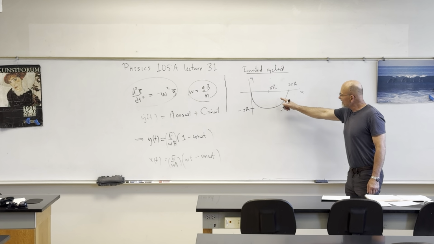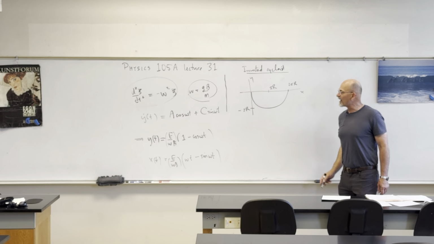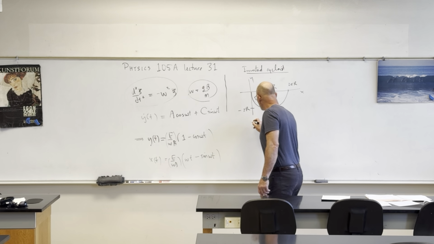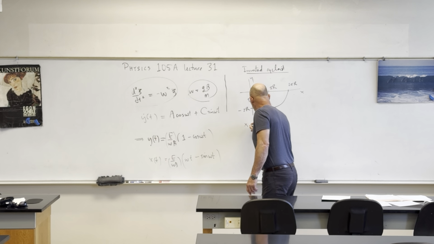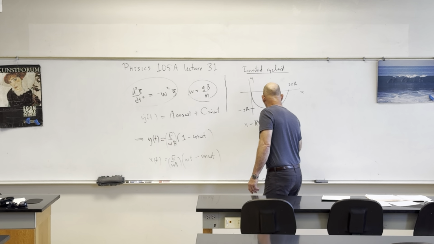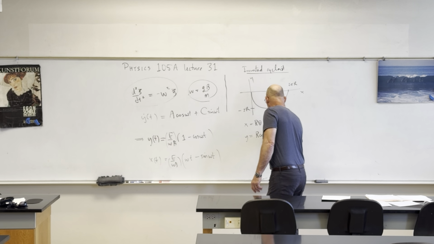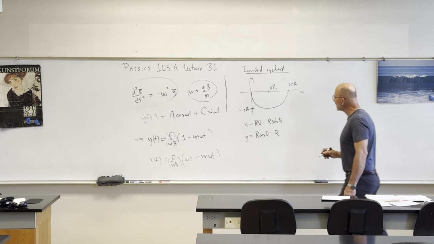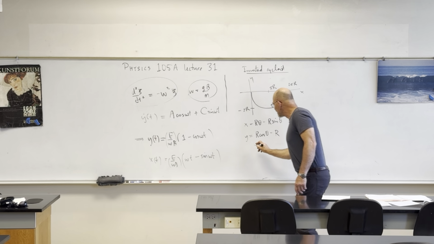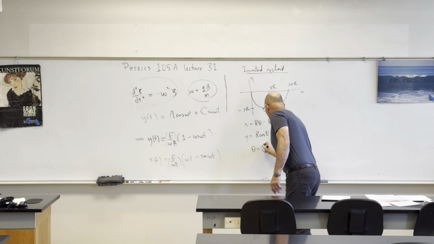So we don't have this as a function y of x, but rather as a parametrization. So we have x equals r theta minus r sine theta, y is equal to r cos theta minus r. So that's the inverted cycloid, and here theta is a function of t.